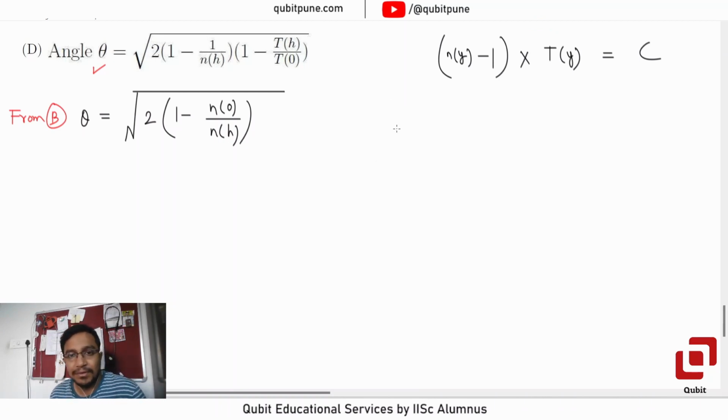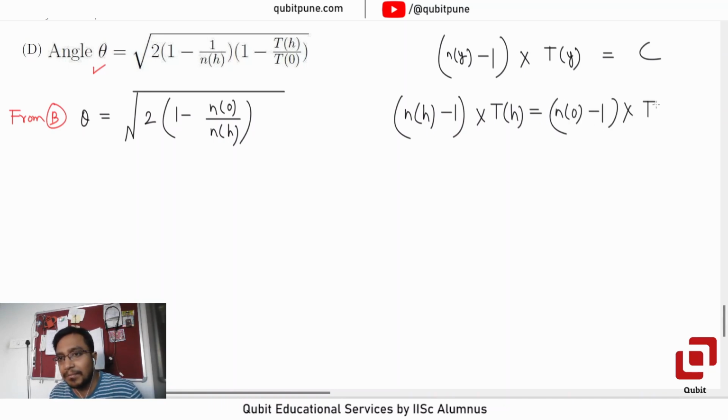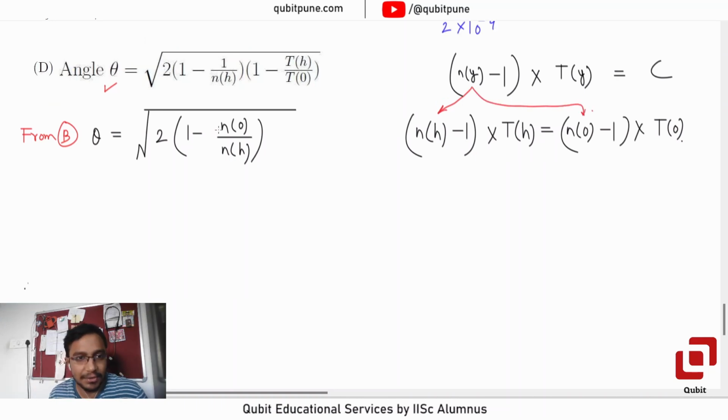First of all, let's go to the relation and put the values. So nh minus 1 into th equals n0 minus 1 into t0. What we have done is substituted y as h, and then y as 0. Let's try to separate n0. So we will get th minus t0 here.